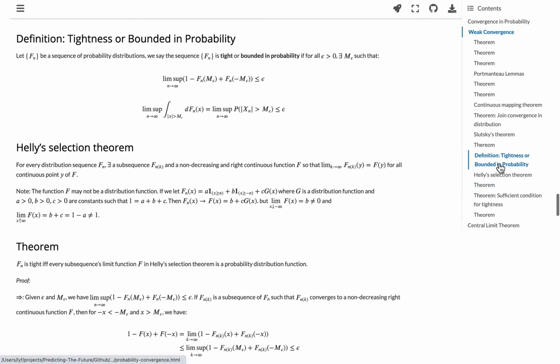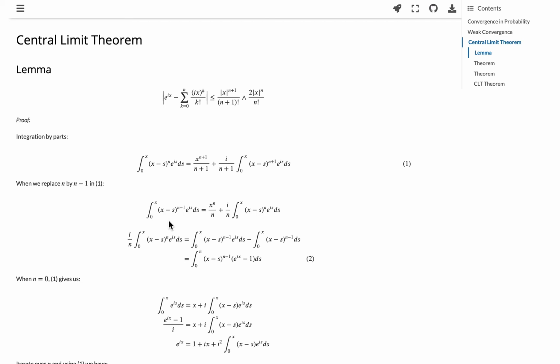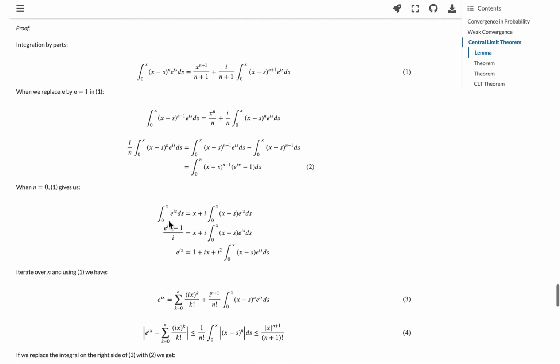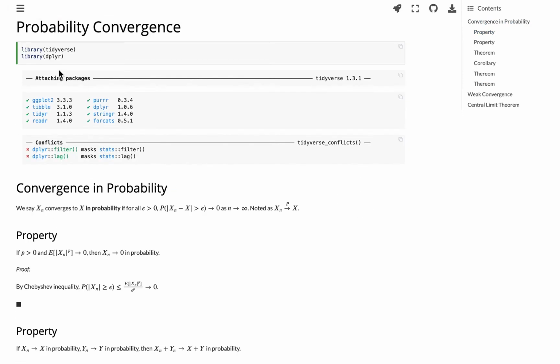Then we're going to talk about tightness, or bounded in probability, of a sequence of distributions, and the Helly selection theorem, which is a very important one. Then we're going to talk about the central limit theorem and prove that central limit theorem. So that's our agenda today. So let's begin.